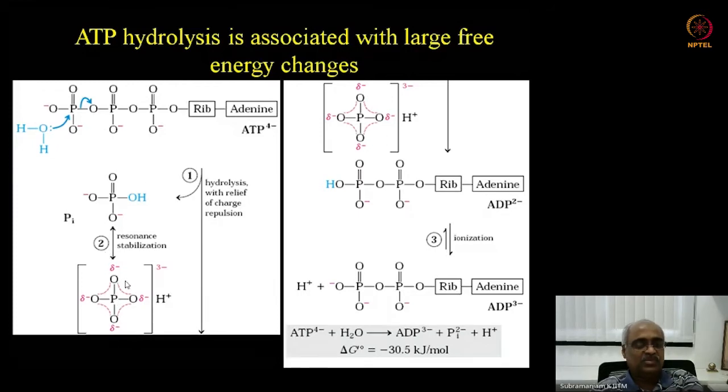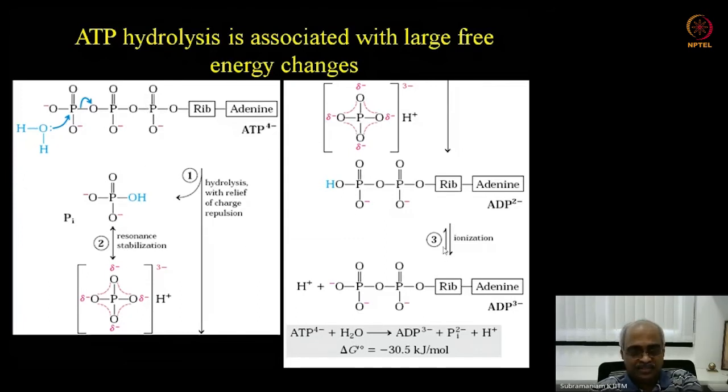So this is a lot more stable than being part of this molecule. Charge repulsion is one issue, and second is lack of resonance stabilization here, but that is provided here. So the broken down products, that is ADP and inorganic phosphate, are more stable than ATP itself. This is you floating in water, and this is you standing on top of the diving board. This is 2. Okay, 1 and 2.